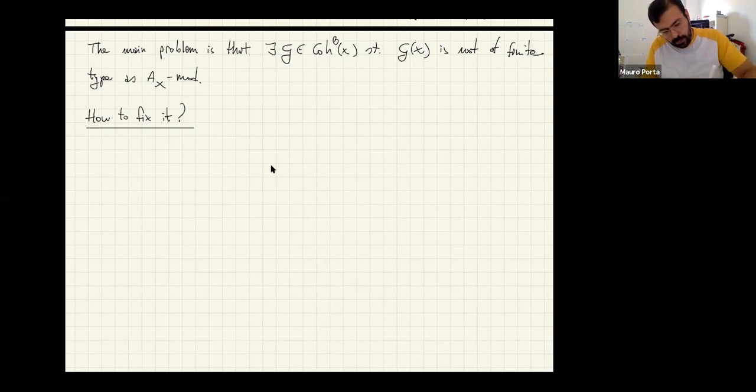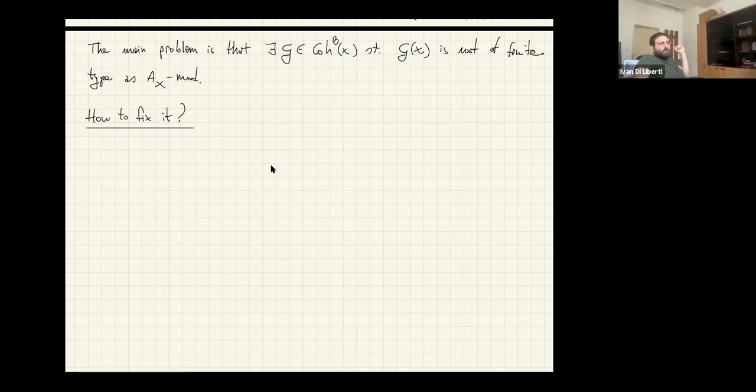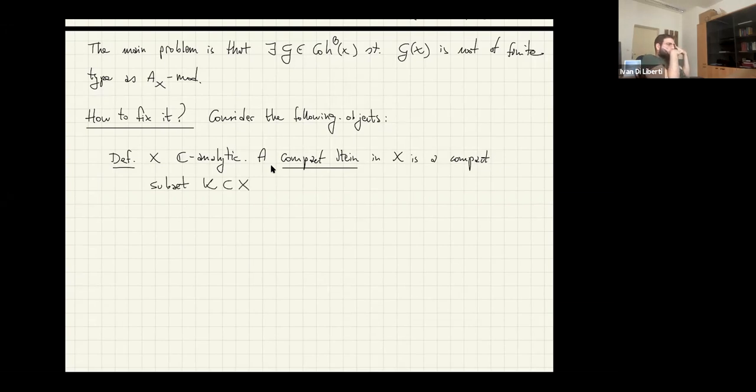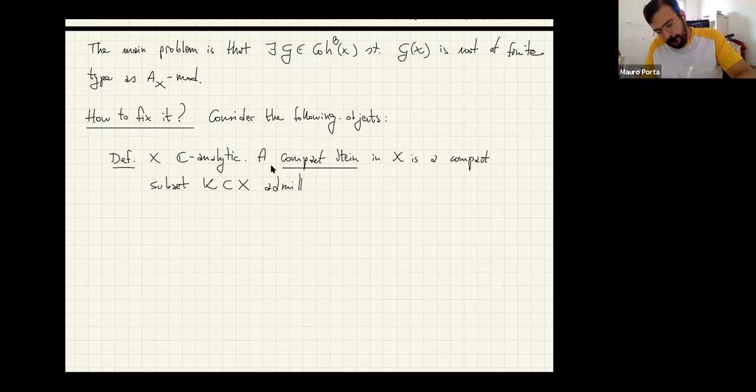Definition: X complex analytic, a compact Stein in X is a compact subset K of X admitting a fundamental system of Stein open neighborhoods U_alpha.